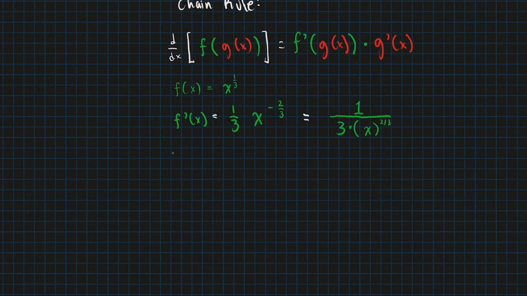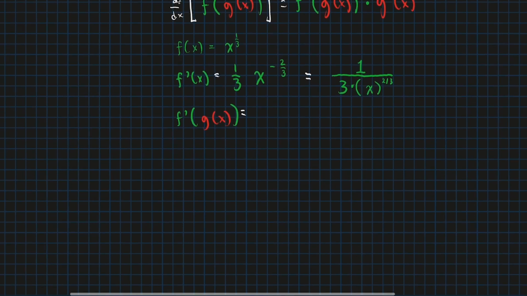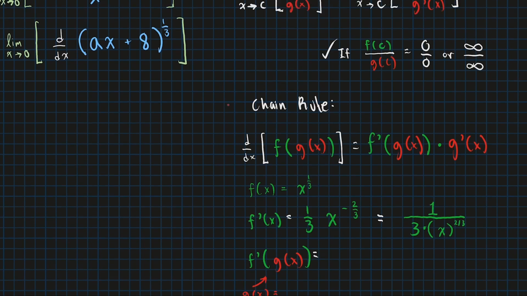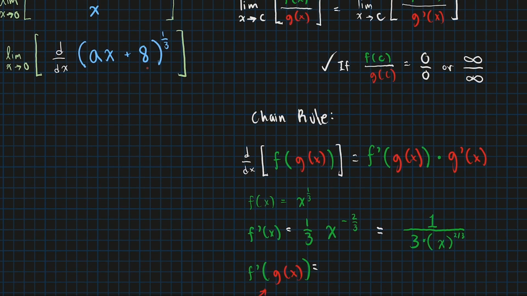So we know that f prime of g of x, we can just plug in g of x wherever we see x. Well, what's our g of x? Our g of x is what's inside this x to the 1/3, which is ax plus 8.